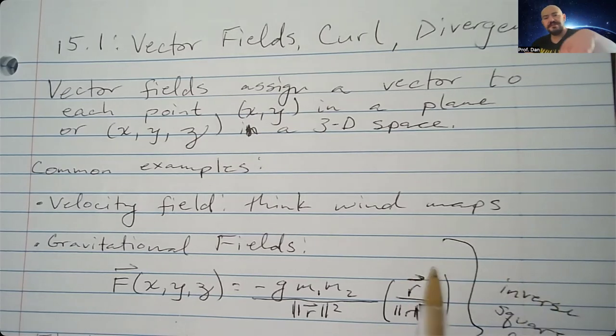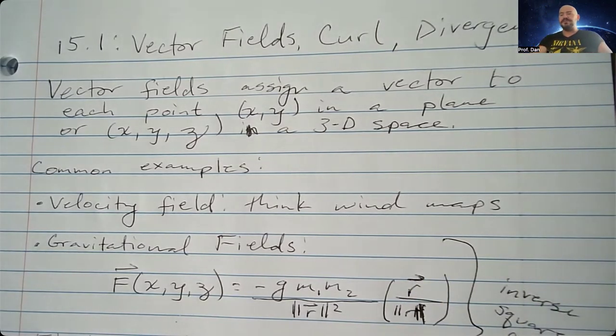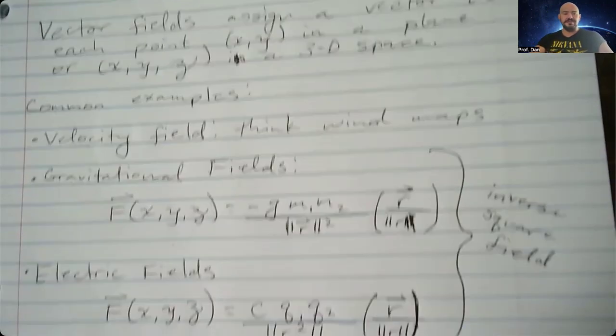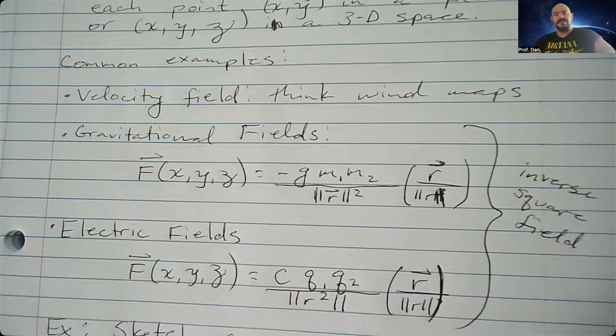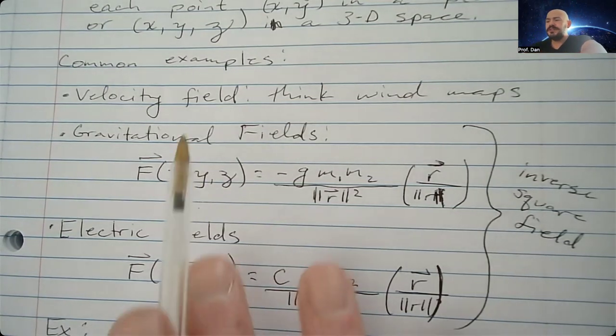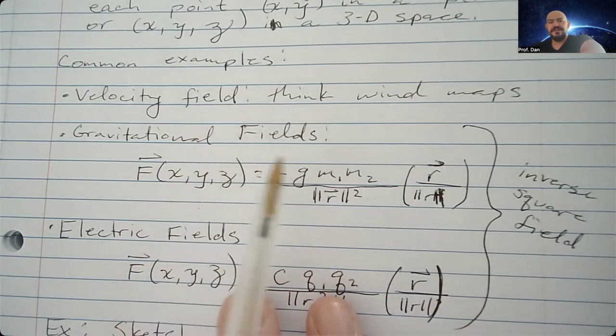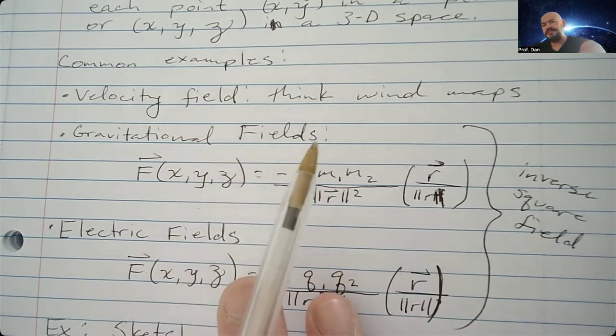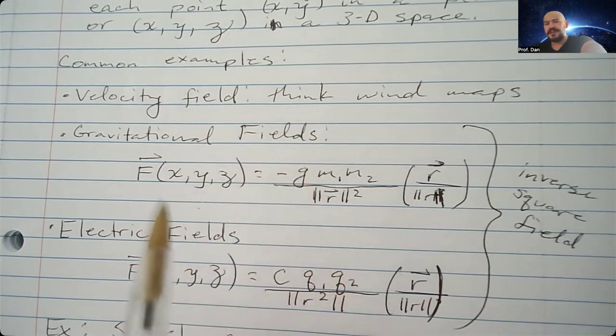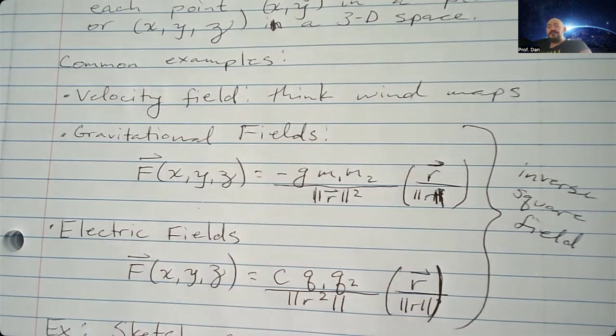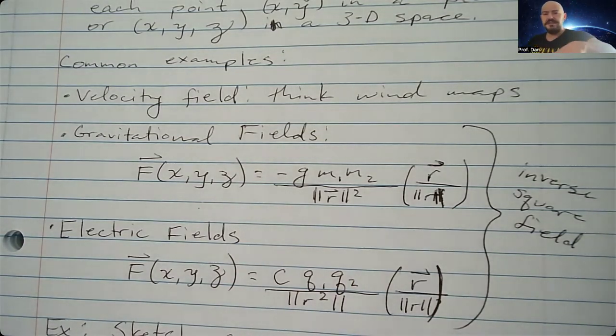In addition to that, I wanted to talk about some commonly encountered examples, especially because we get people from all sorts of different majors in this class. So one that most of us will see are velocity fields. A common example of that is when you're watching the Weather Channel or looking at your weather app and you look at, say, the wind.